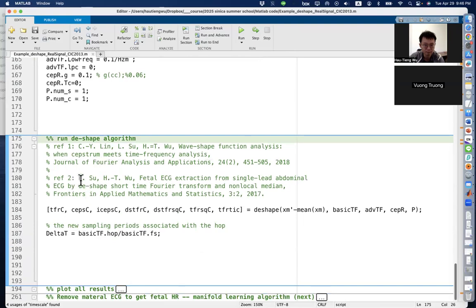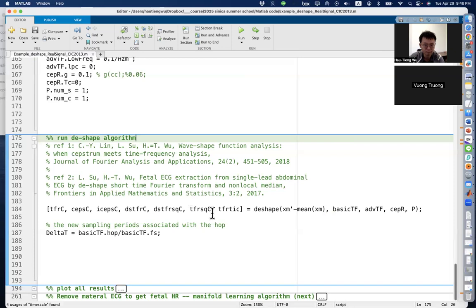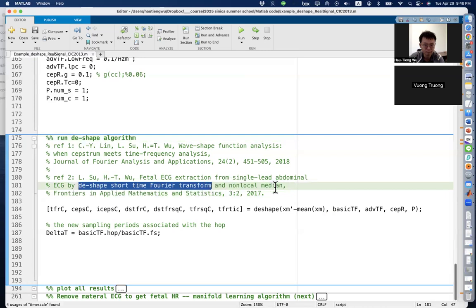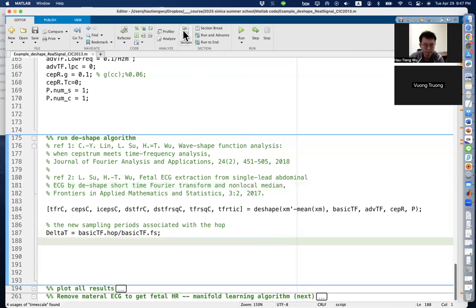The main difference is that here there is a more specific paper that we focus on, to do fetal ECG extraction on single-lead abdominal ECG by the Dshape algorithm and so on. Today we will only talk about the Dshape part, and in the next lecture we will talk about non-local median or manifold learning. Okay, so let's run it. Let's see. Oh, it's done.